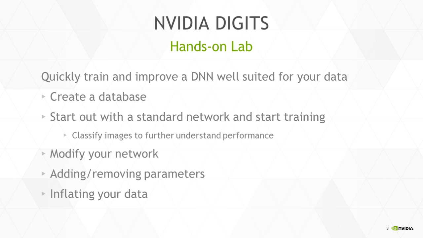I'll talk about creating a database, starting out with a standard network, and ways to modify your network, and then adding and removing parameters. So we talk a lot about how easy it is to tweak and modify your network, and I'll give you a couple examples on how to do that. And then I'll talk about augmenting your data.